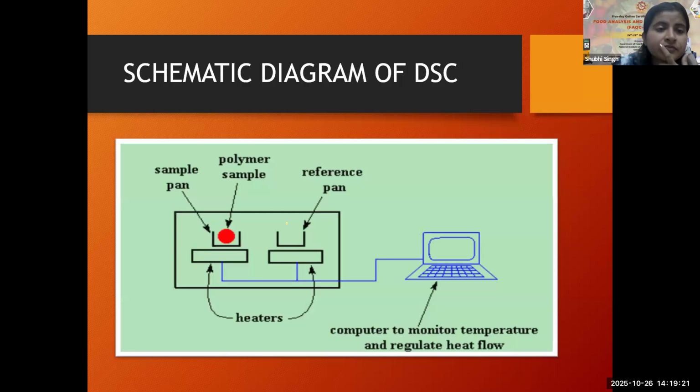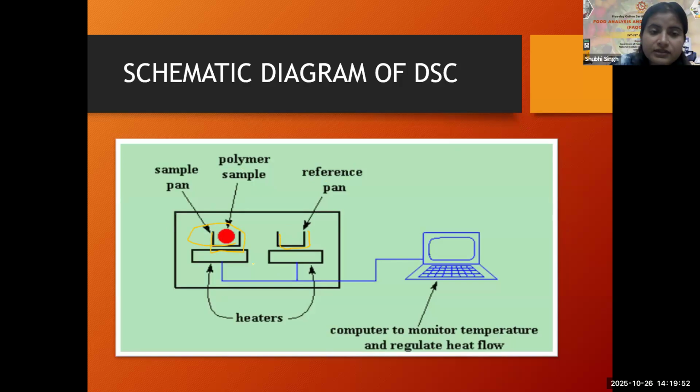Here is a diagram of DSC. This is the sample pan, which I was talking about. Then the polymer sample; you can take a polymer or any food sample. Then there is a reference pan, in which you add a reference, not your sample.